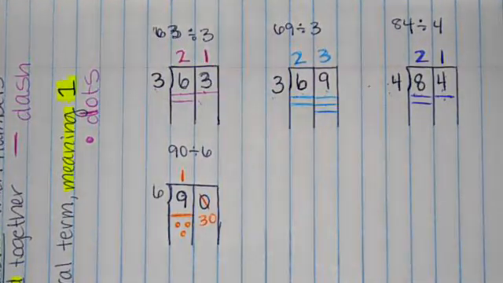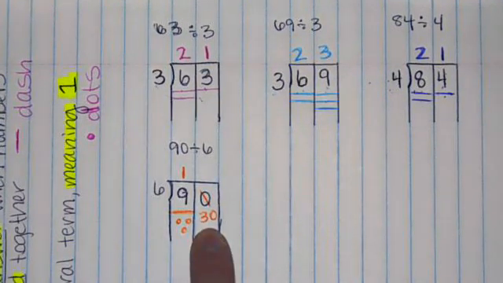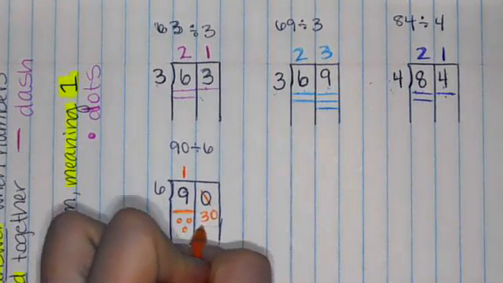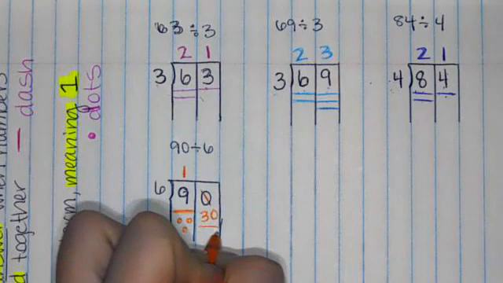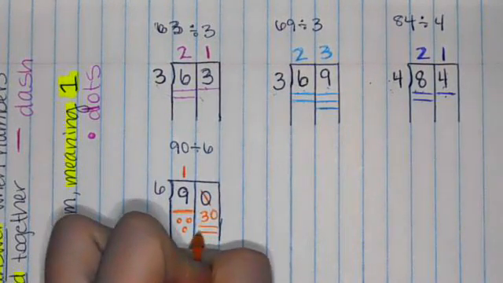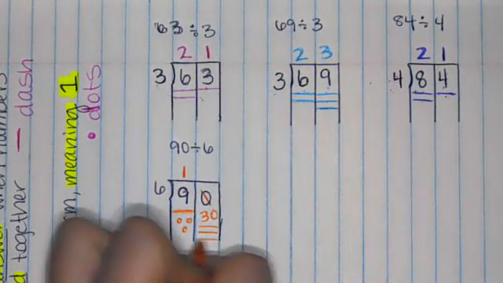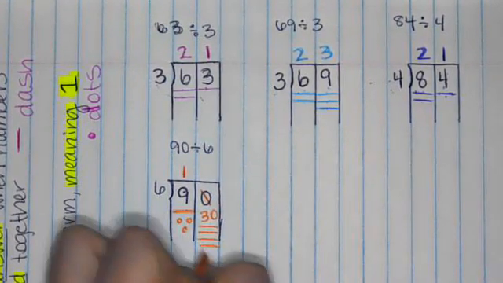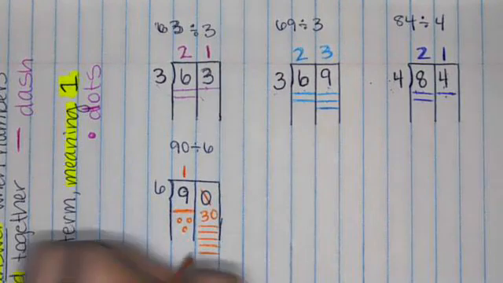Now I'm going to start doing my multiples to help get me as close to 30 without going over. So 6 times 1 is 6, 6 times 2 is 12, 6 times 3 is 18, 6 times 4 is 24, and 6 times 5 is 30.